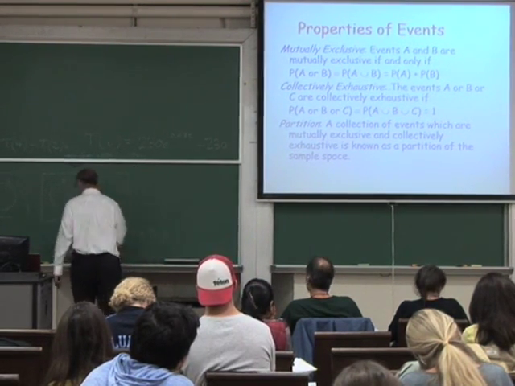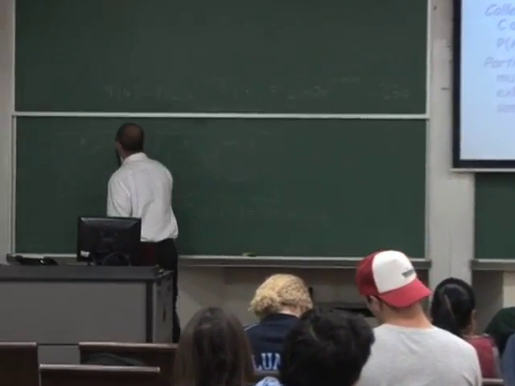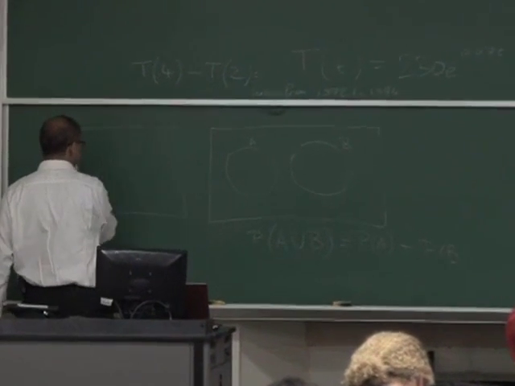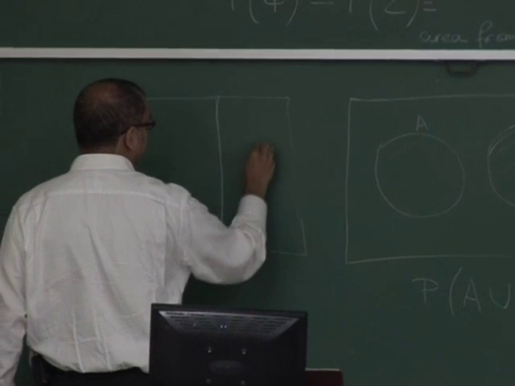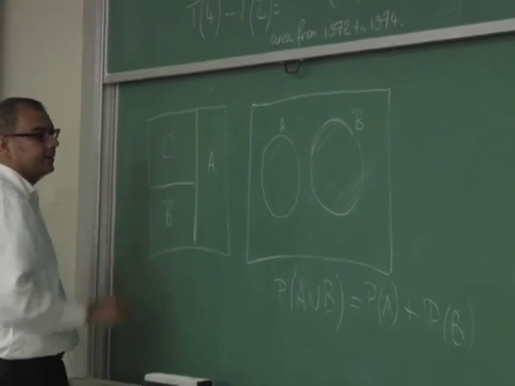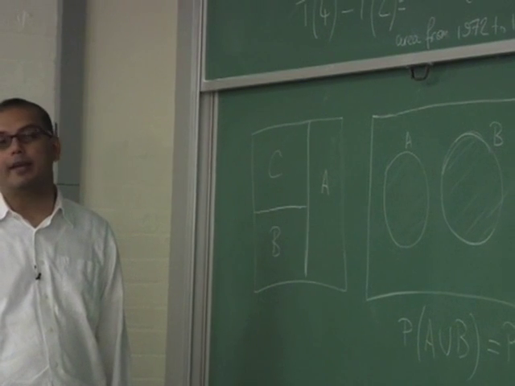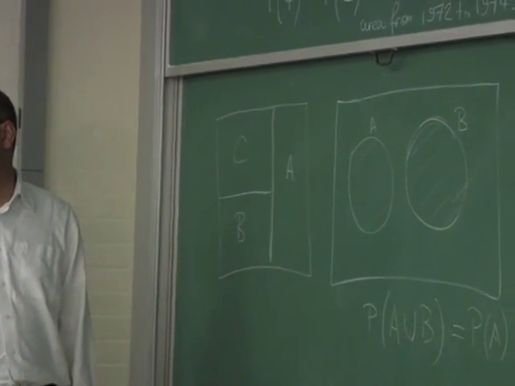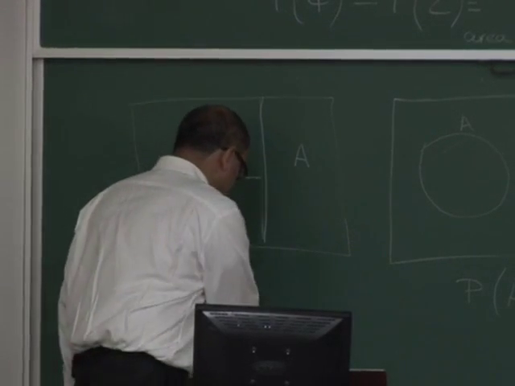Okay, so the example here would be, suppose this is the set A, this is the set B, and this is the set C. So A, B, and C would be collectively exhaustive and mutually exclusive.